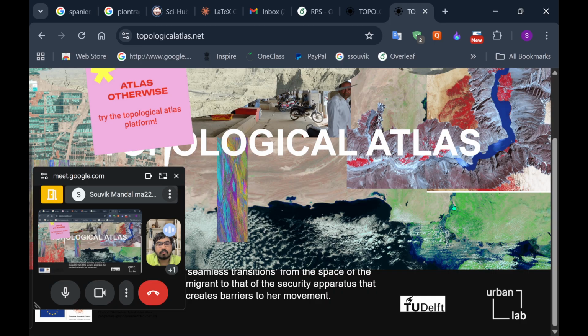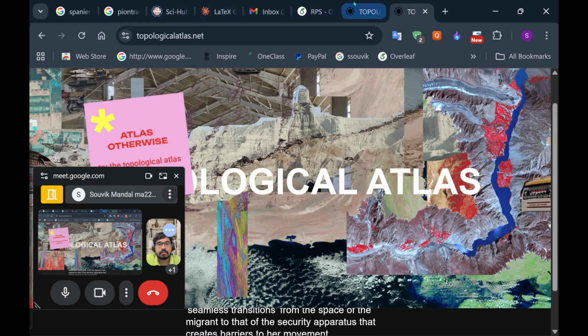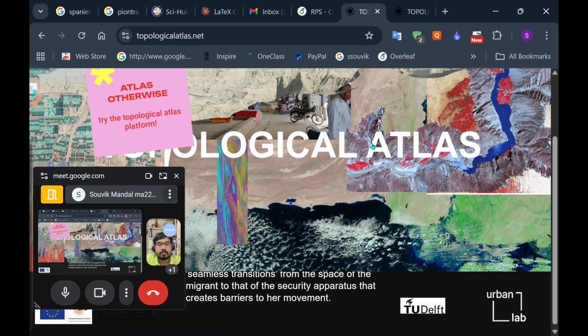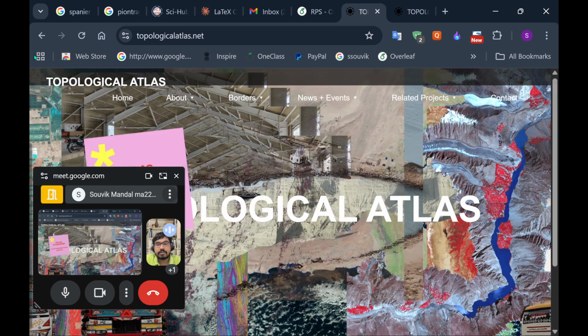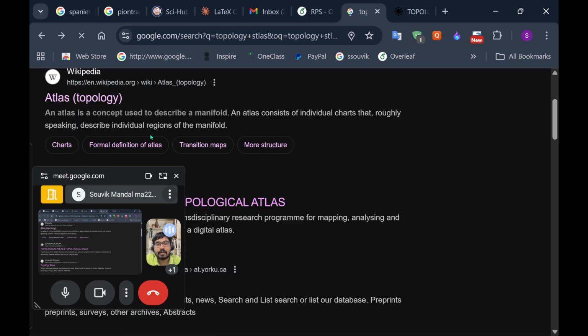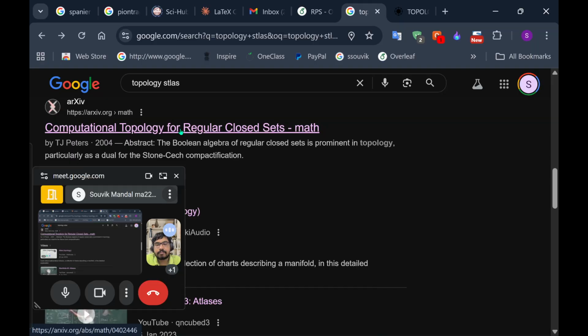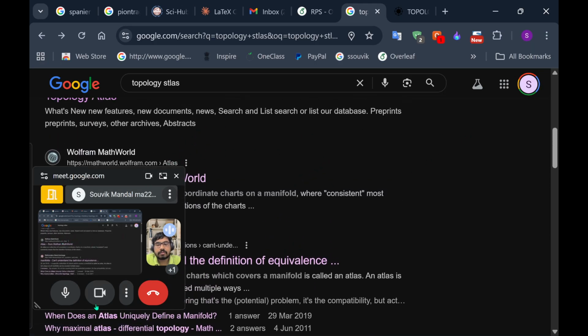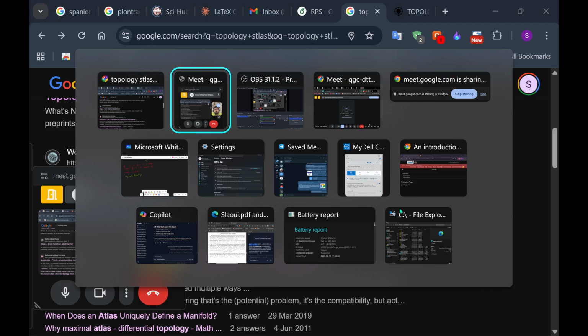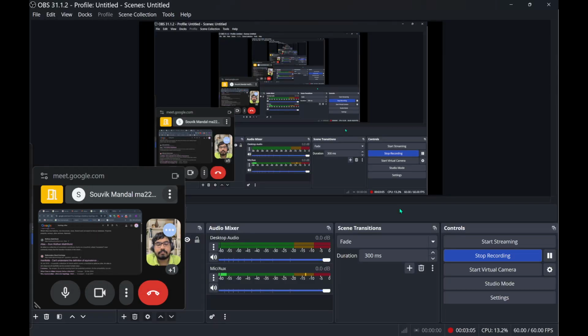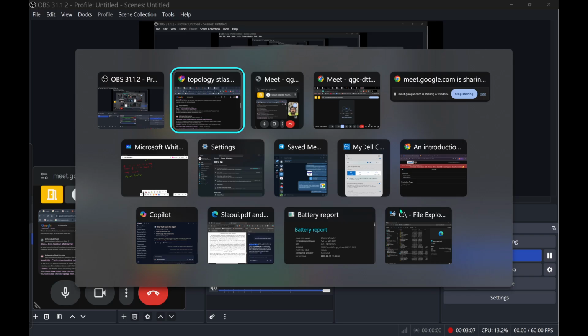God knows how this website is. Maybe there is an issue with the website. Anyway, I cannot do anything for that. The point is there is some website which is known as Topological Atlas.